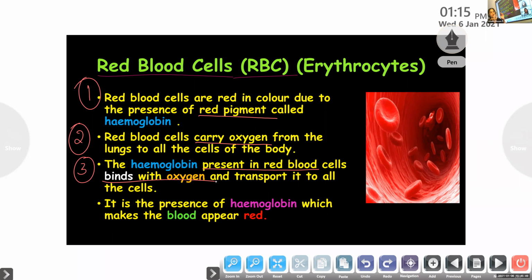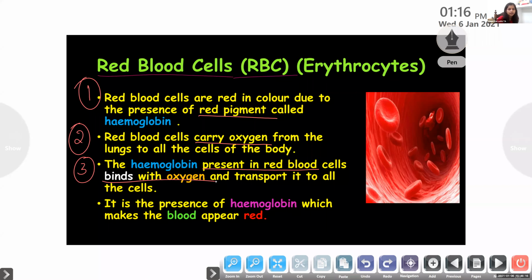So, first of all, blood is carrying. In the blood, which component helps to carry the oxygen? RBC, red blood cells. In the red blood cells, what is helping to carry that? Hemoglobin.